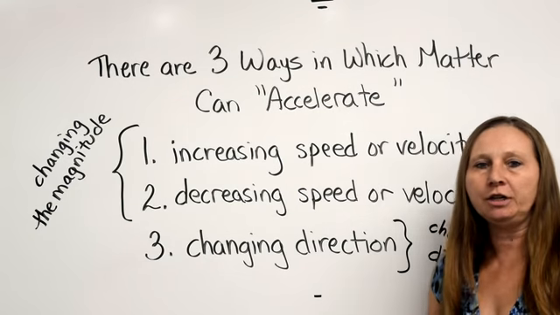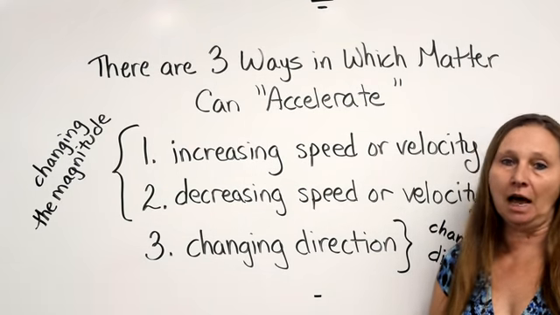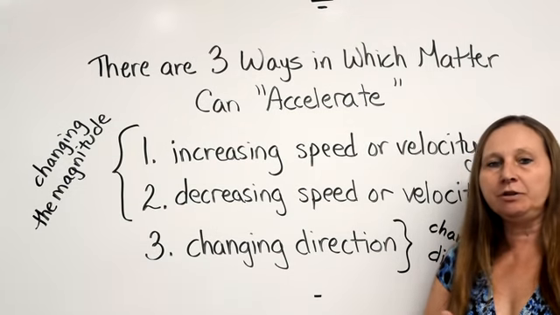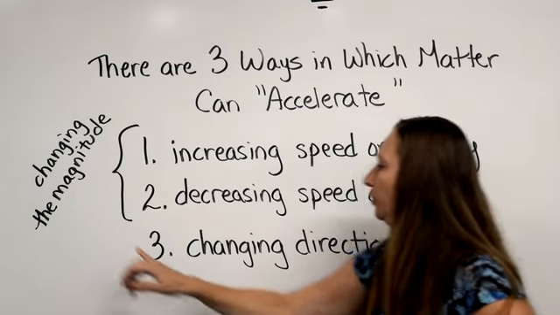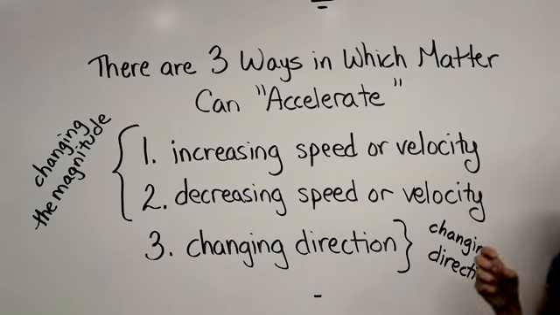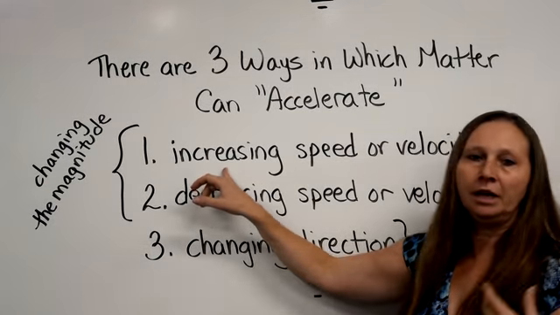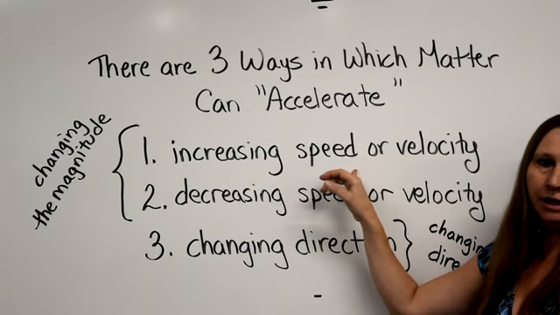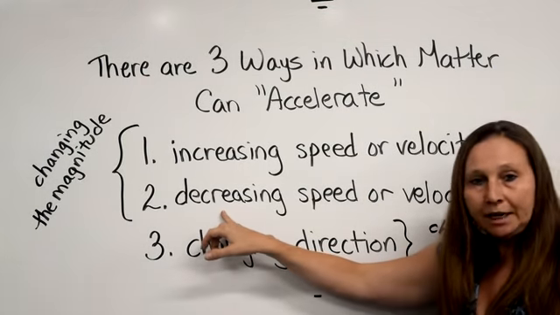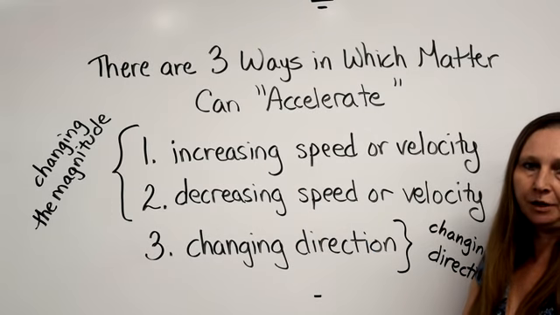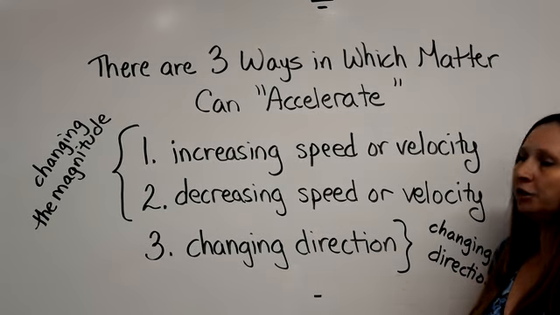Since acceleration is simply a change in velocity, and velocity is a vector made up of both magnitude and direction, changing the velocity can mean increasing the velocity, or you could just say increasing the speed, or decreasing the speed or velocity. In either case, it is changing.